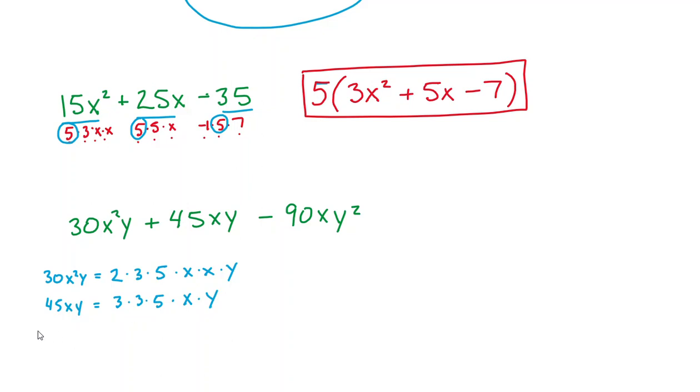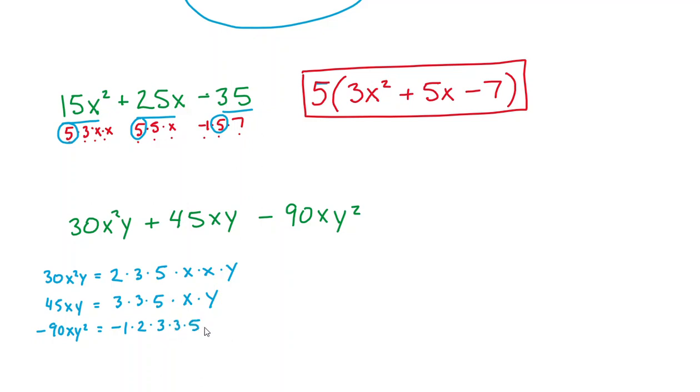Okay, now I'll do the negative 90xy squared. That's negative 1. And then 90 is definitely even, so there's a 2 there. And then there's a 9, that's 3 times 3, and then times 5.